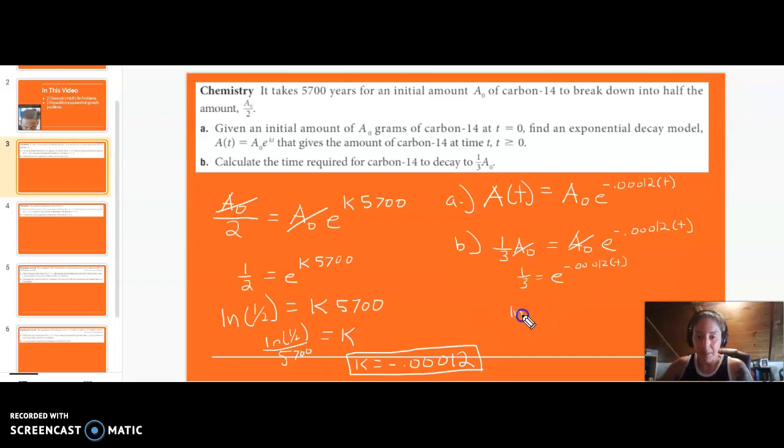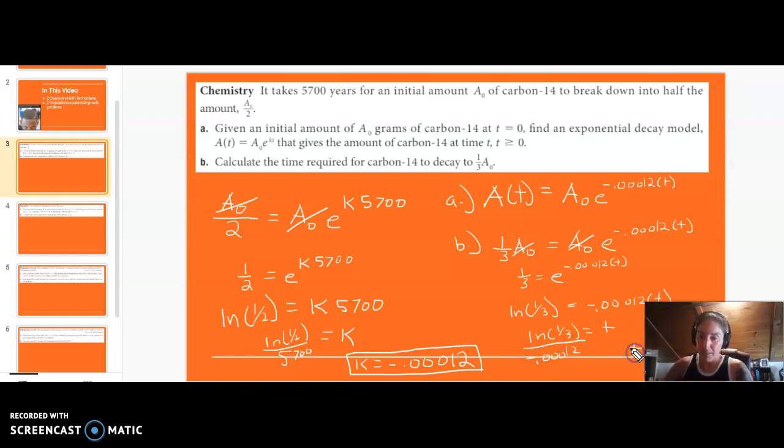Ln both sides. Now we take ln of 1/3 equals negative 0.00012 times T. Now we're going to divide both sides by negative 0.00012.